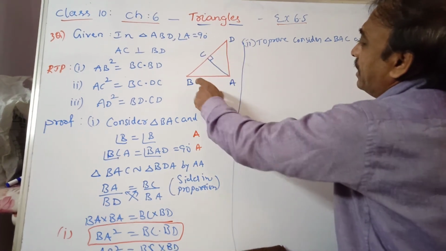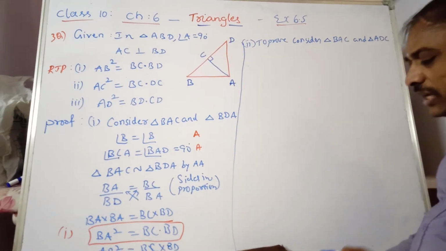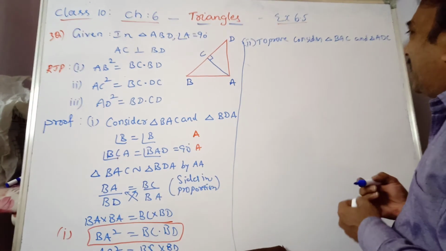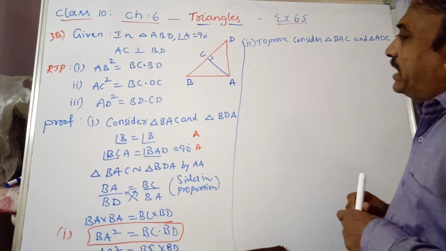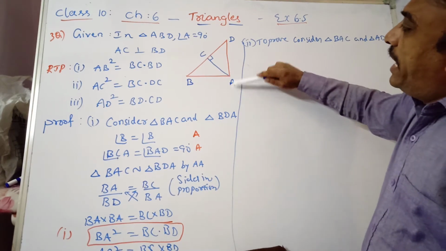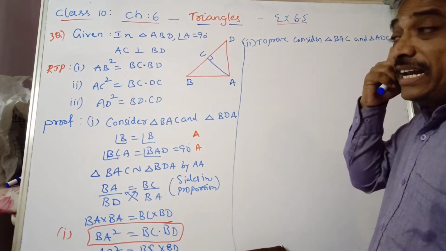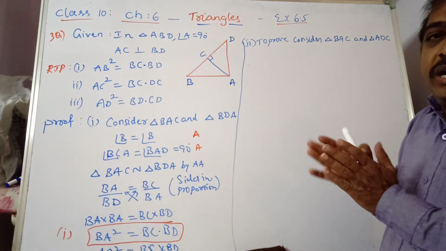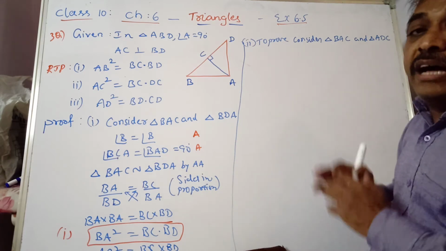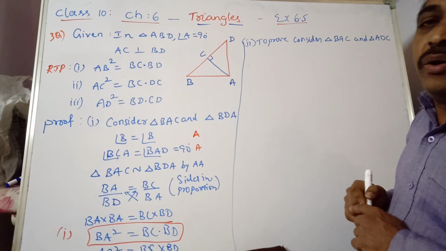In that, BAC and ADC, they both are right triangles. What is the common here? Can you observe it? BAC and ADC, the two right triangles. When you draw a perpendicular, either side triangles are similar to the whole triangle and they are also similar.